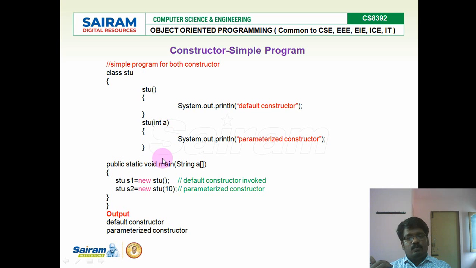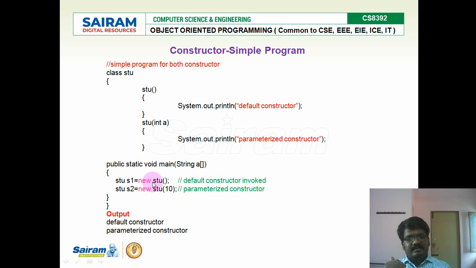So in public static void main, I'm creating two objects, S1 and S2. For S1, what is the syntax for creating an object? Class name, space, object name. Class name is Stu, object name is S1, equal to new keyword for allocating memory or instantiation, and the constructor.